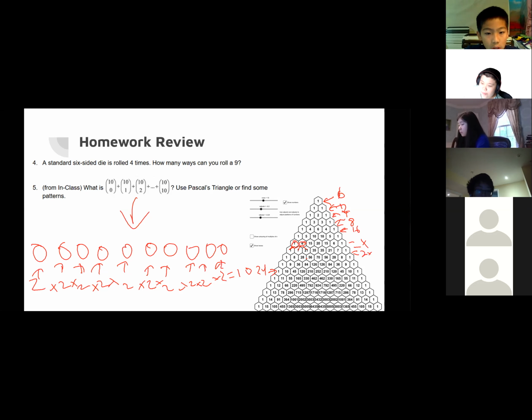And again, remember that we also used a similar argument to prove that these are combinations, which is that you can single out one object, and if it's in there, then you have how many choices. If it's not in there, you have how many choices, and you add them.